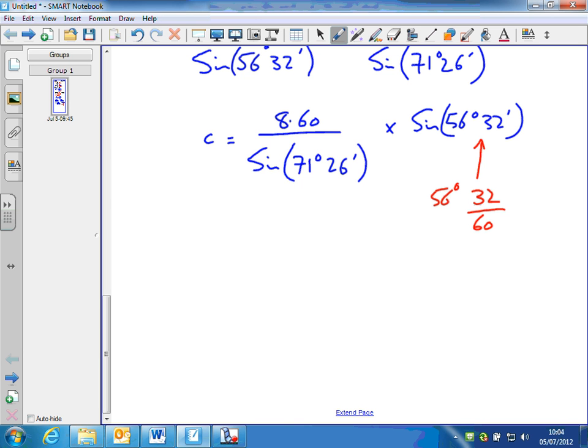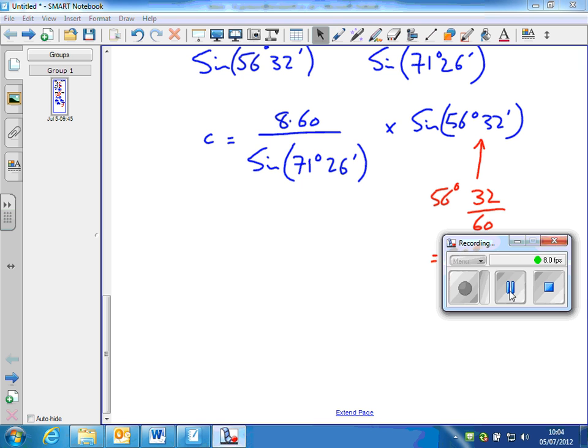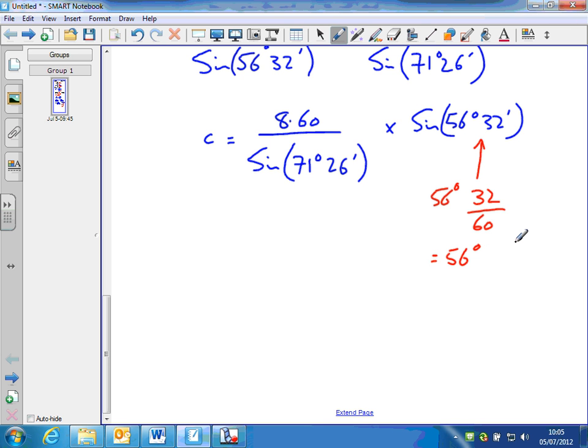So I'd work out what 32 over 60 was in my calculator, and that would give me 0.53. So 56.53 degrees. And that's what I would enter into the calculator.